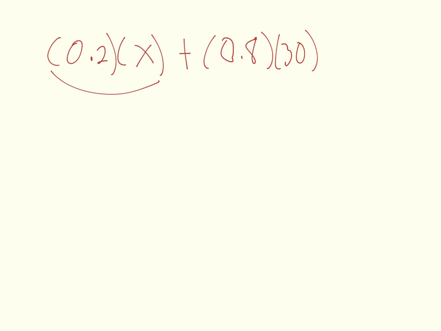So that 0.8 is going to be multiplied by that 30. Now we can solve for this part, but we're not really explaining what this is equal to.